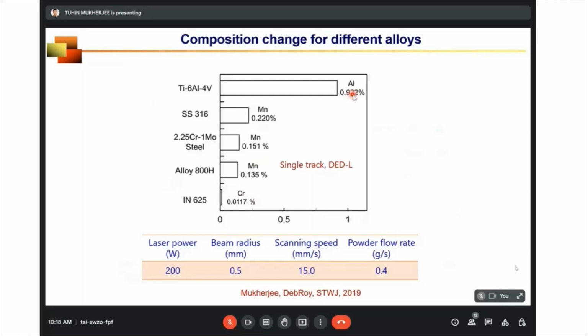Although the most susceptible element for vaporization varies for different alloys, their amount of composition change also significantly varies depending on which alloy we are using, because of their very different vapor pressure versus temperature behavior.